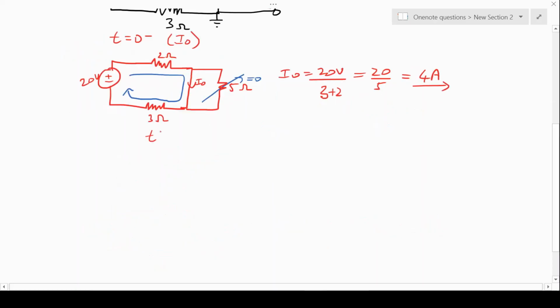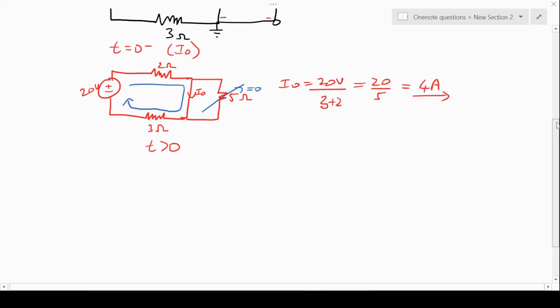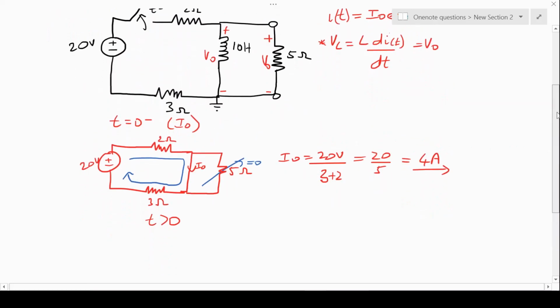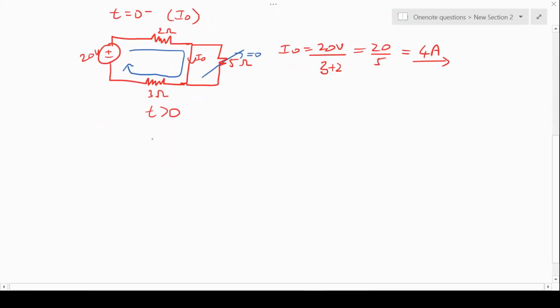That's our initial current. So for t greater than 0, we will then evaluate the response, and if you look at the original circuit, only the inductor and the 5 ohm resistor remain. So you will have a circuit that looks as follows: the 10 Henry inductor and the 5 ohm resistor.